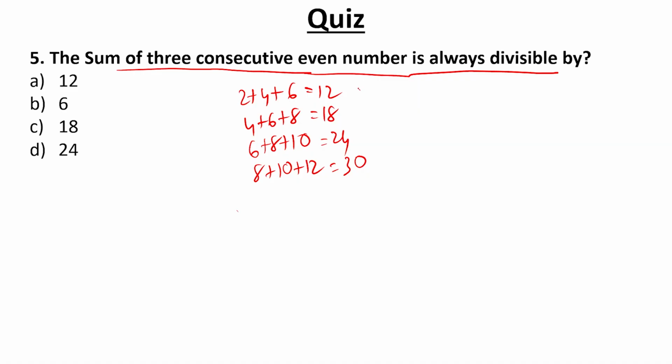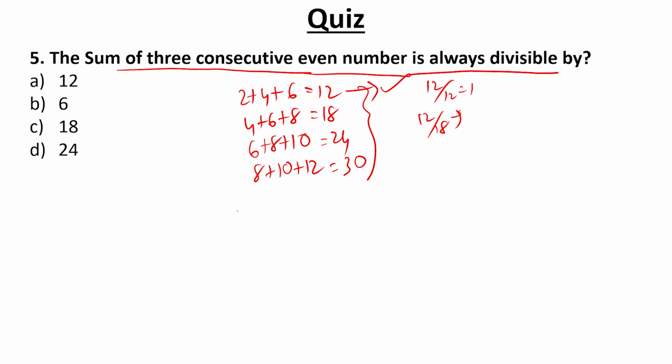Now what we are going to do is try to divide by every option we have. 12 divided by 12 is equal to 1. But 12 can never be divisible by 18, because we would get a fraction, and we want a remainder of 0.